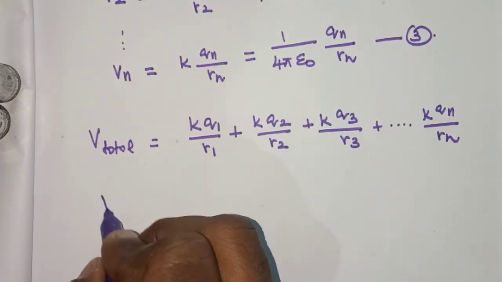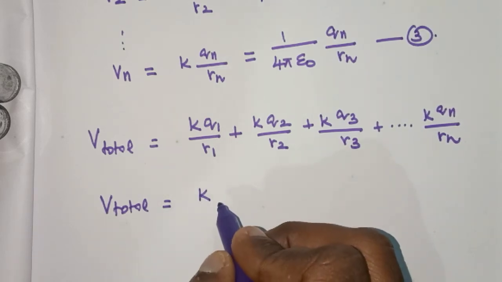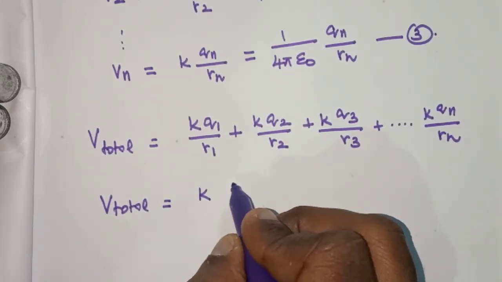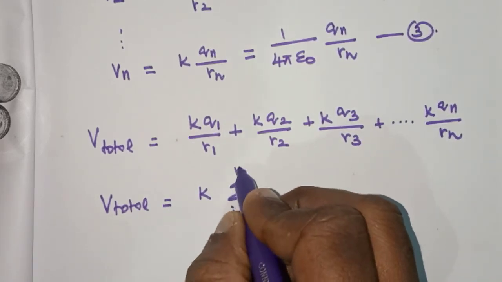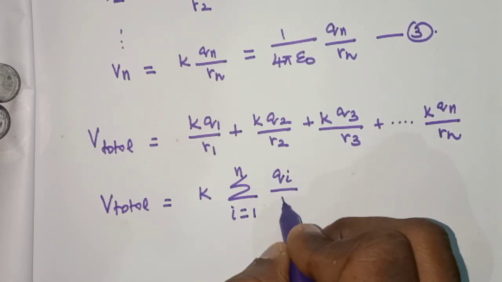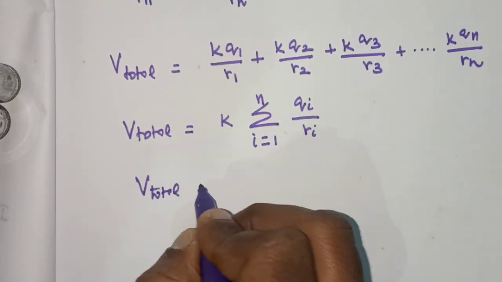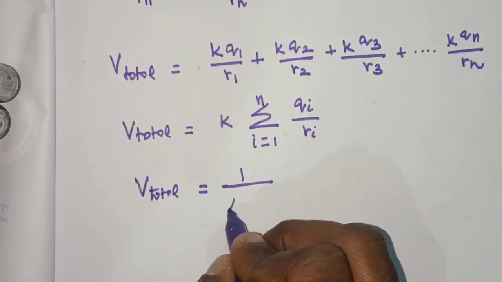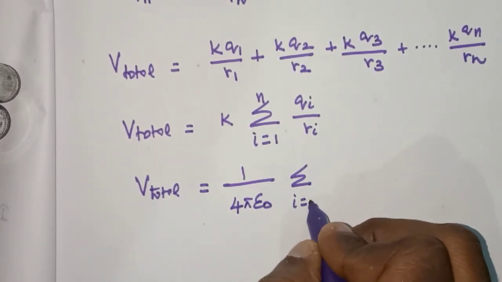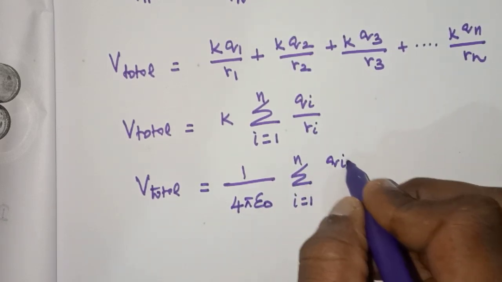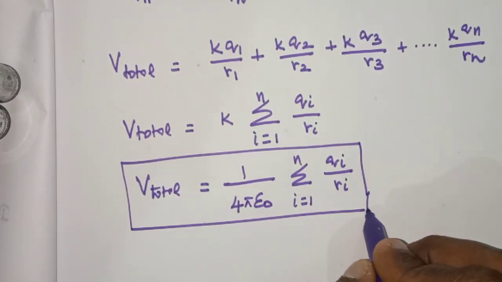So the total potential V is equal to K, taking K in common, summation of i equal to 1 to N Qi by Ri. That is V total is equal to, substituting the value of K, 1 by 4 pi epsilon naught summation of i equal to 1 to N Qi by Ri. Understand? Thank you.